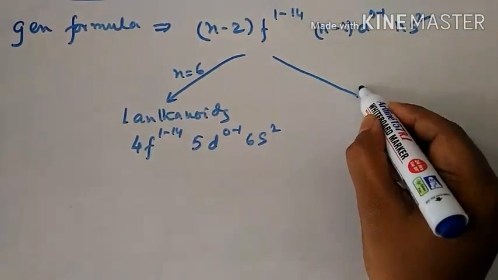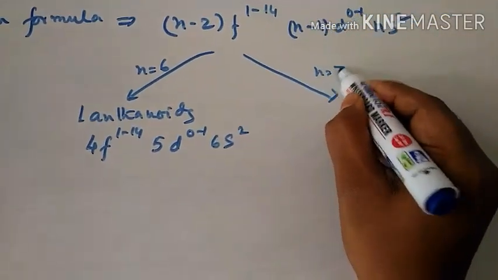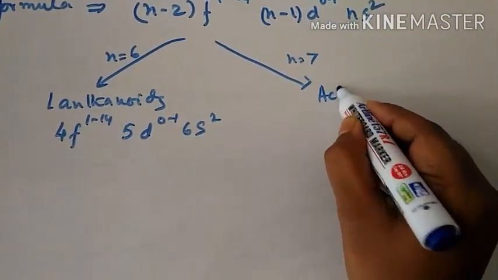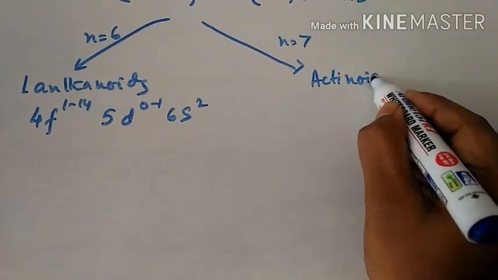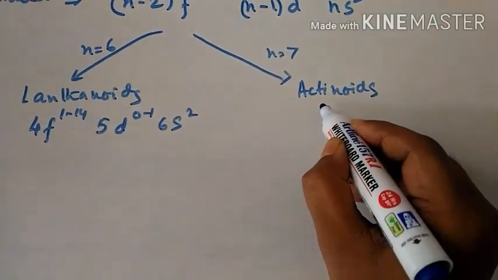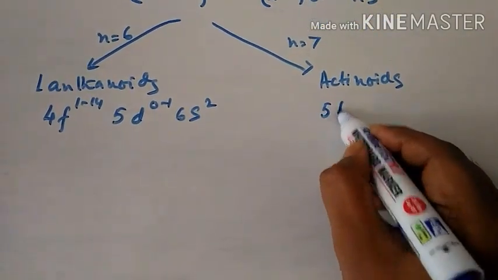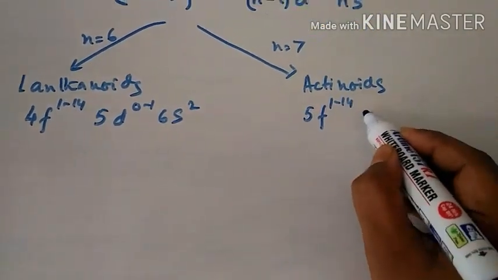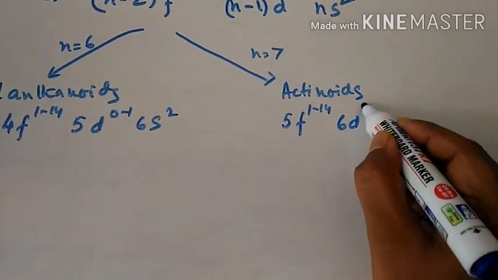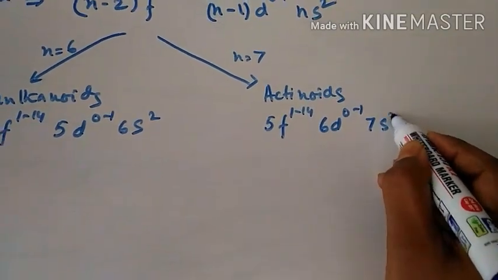And if we put n equals to 7, then we will get the actinoids, and its general formula would be, putting 5f1 to 14, 6d 0 to 1, 7s2.